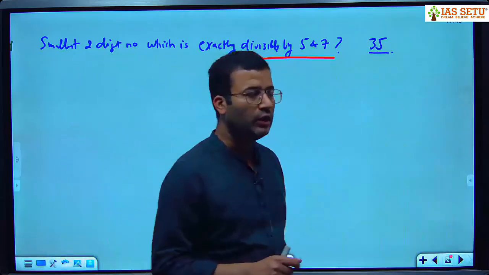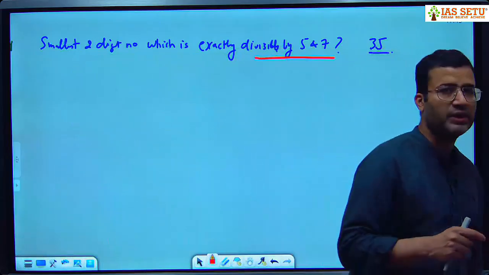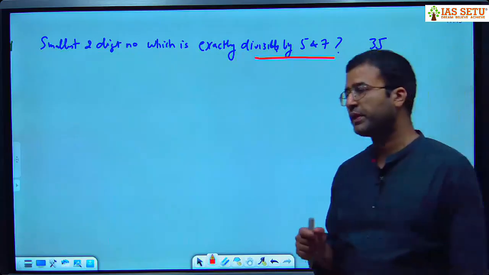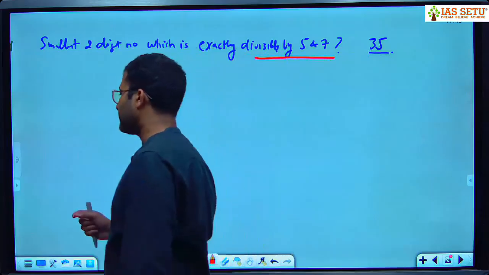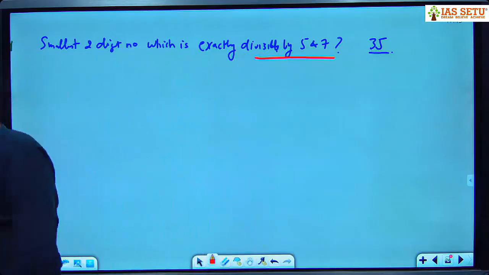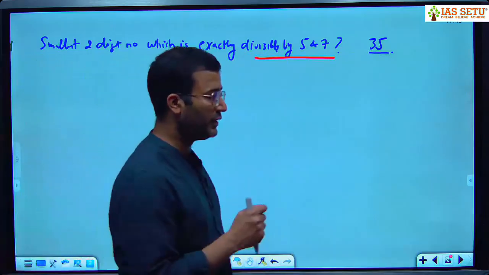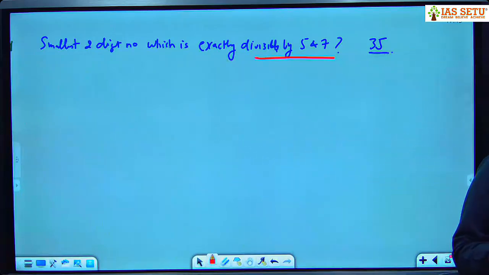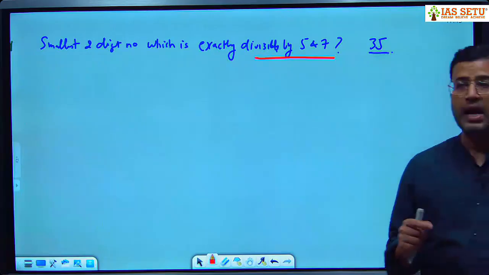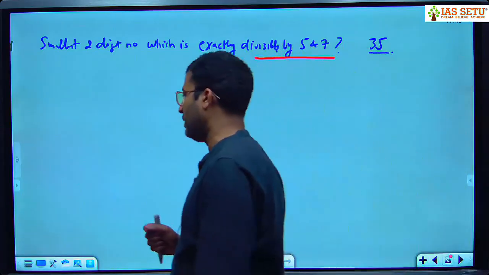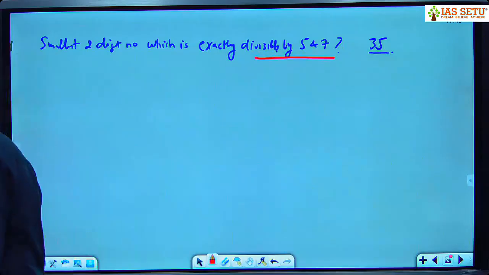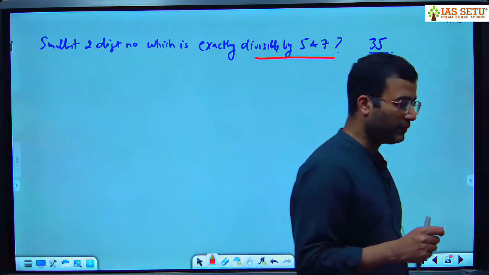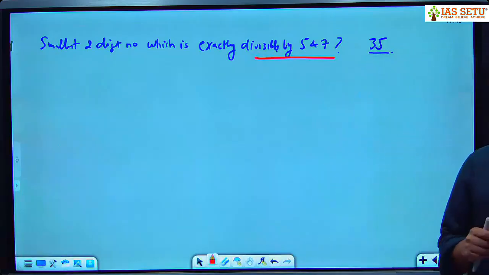लिख लो, in the LCM and HCF topic, if we are looking for multiples, LCM will help.